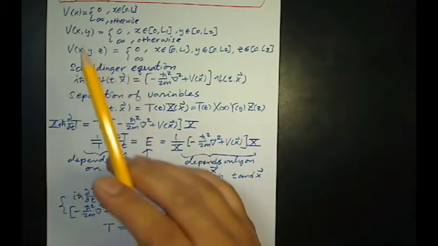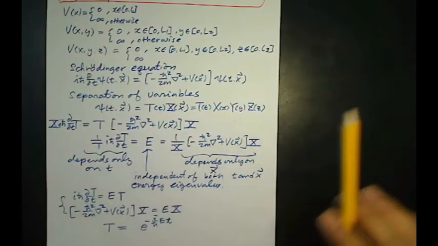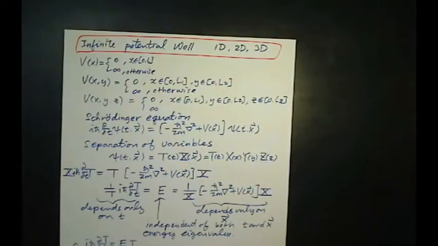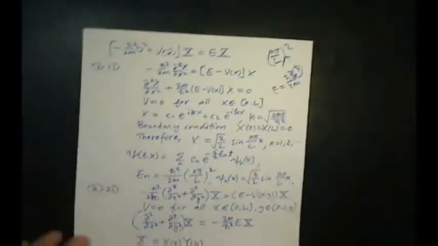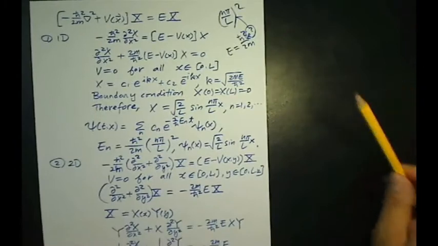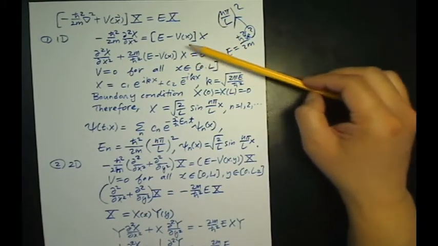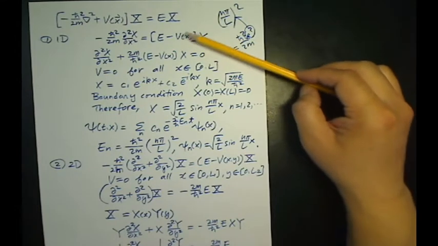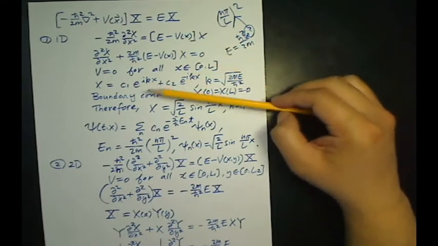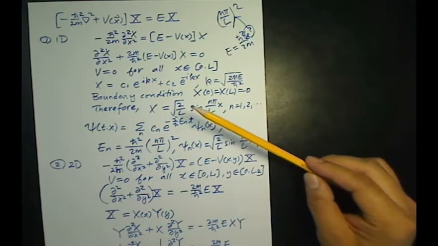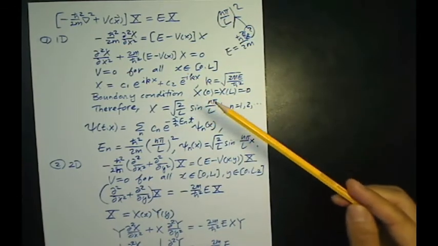Except that when the potential is non-zero, the wave function completely vanishes. So the solution of this 1D problem, where the potential should be 0, is a linear combination of exponential ikx and exponential minus ikx.